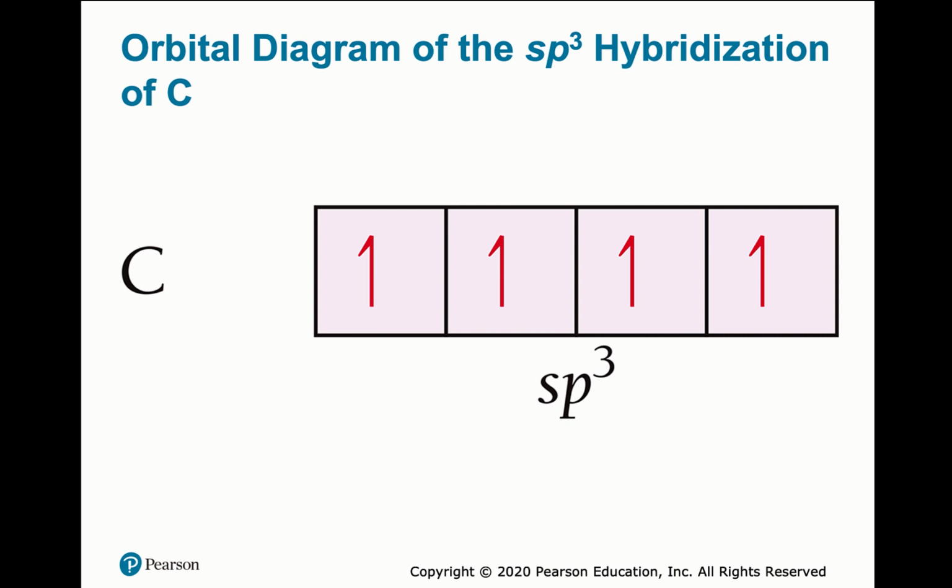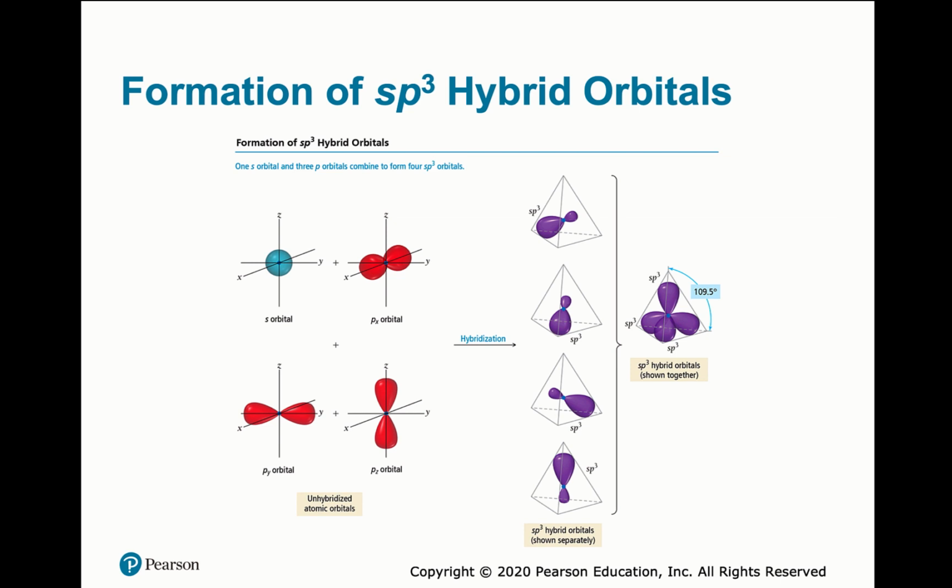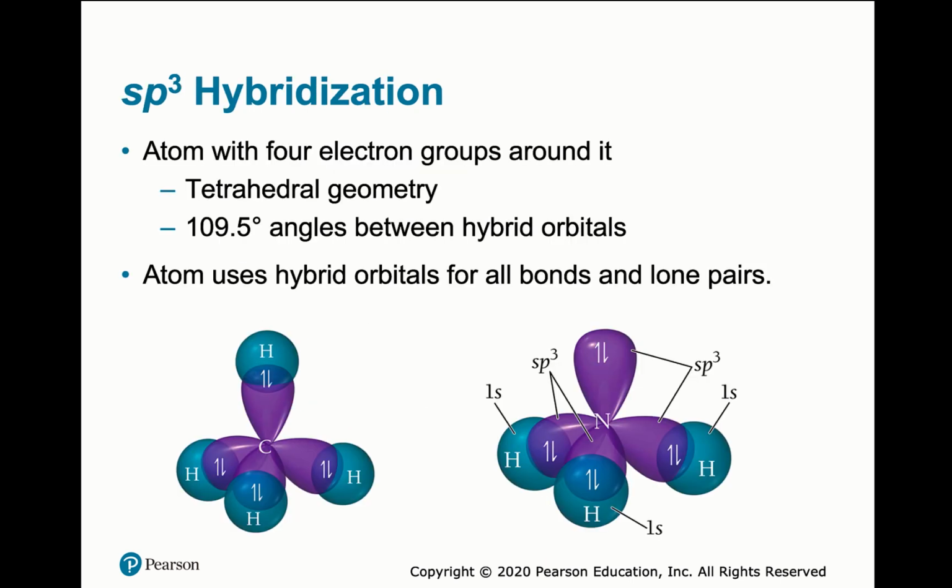These can hybridize to form sp3 hybridized orbitals. And this is the mixture of all those, and these hybridized orbitals shown on the right in purple have those lobes there, the positive and negative lobes for the hybridization, not shown in the picture, but then that forms the tetrahedral. All four of them form the tetrahedral bonding geometry.